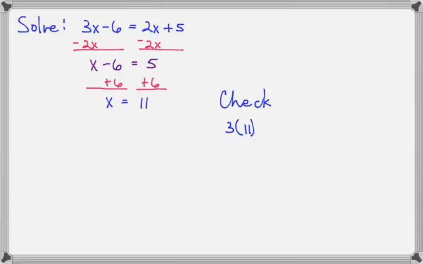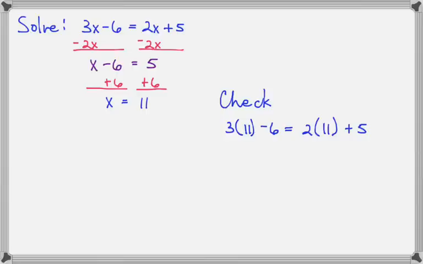Now let's check. So what I'm going to do is take my original equation, and where it used to say x, I will replace the x with an 11. So 3 times 11 minus 6 equals 2 times 11 plus 5. Let's see if that turns out to be true.